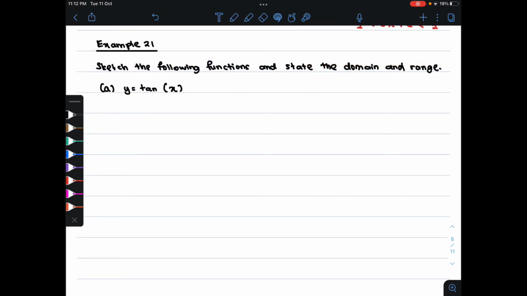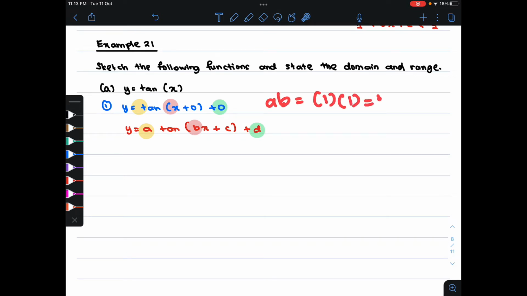Now let's try and sketch example 21a, where y is equal to tan x. So here you can see that we're going to have plus 1, and then at the back here we're going to have plus 0. Therefore, a is 1, b is also 1, and d is 0. And hence, a times b is 1 times 1, which is positive. So you're going to draw a staircase shape going upward.